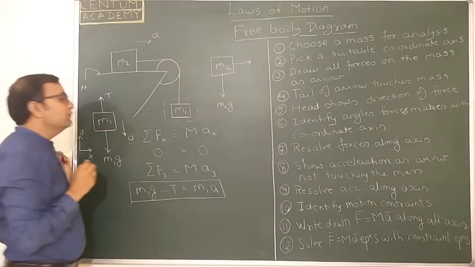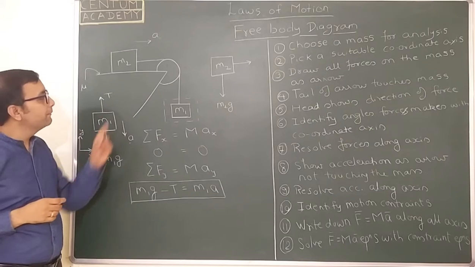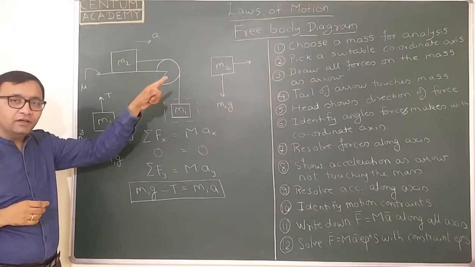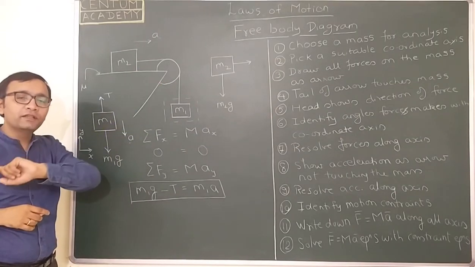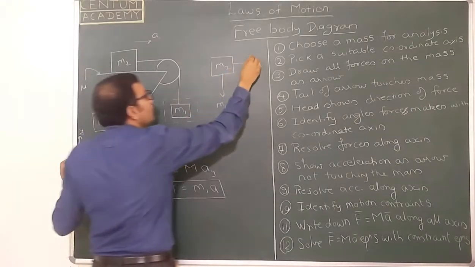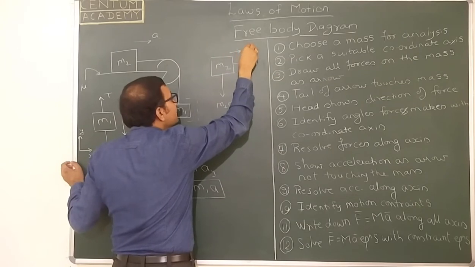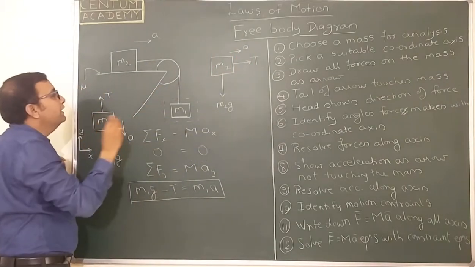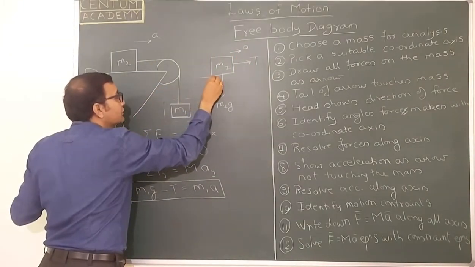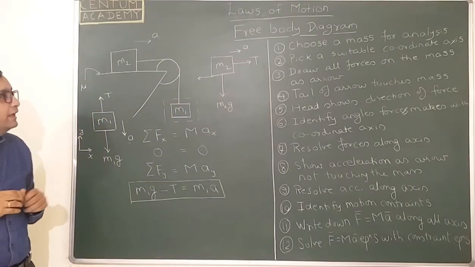Now what will that string force be? Will it be equal to T? Yes, it will be, because it is the same string. We have learned that if there is a single string, it will have a single tension. So this is tension T, this is acceleration a, and there is a friction force. Now, what is the value of the friction force?